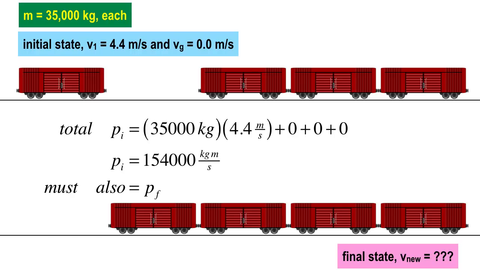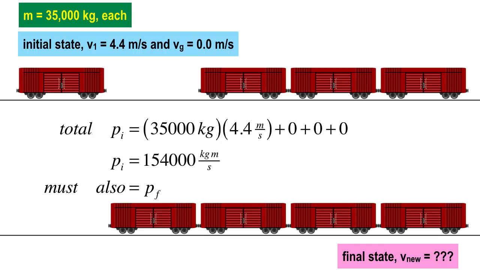So this is going to be the total mass of 140,000 times whatever the new speed is. We don't know that yet, but we'll figure it out, because the momentum has to be the same afterwards. So 154,000 kilogram meters per second to the right before the interaction, and afterwards they're going to be going different speeds, but you're going to have the same amount of momentum, right?